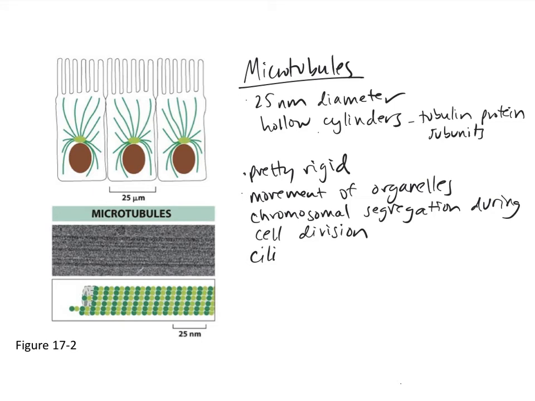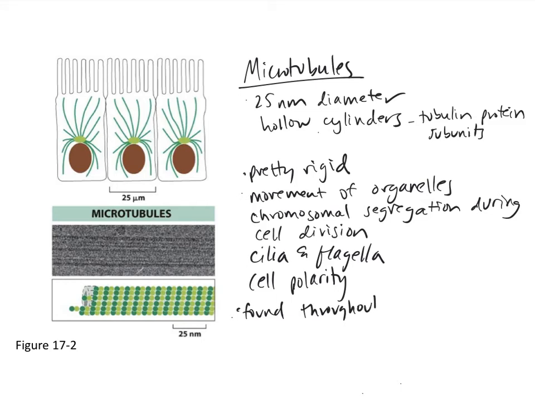Microtubules make up a large portion of the cilia and flagella, which are responsible for movement. They're extensions on the cell. And they can provide cell polarity, so that one side of the cell is different from the other. Microtubules are found throughout the cytosol.